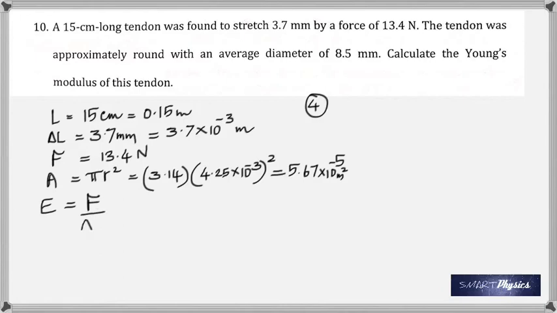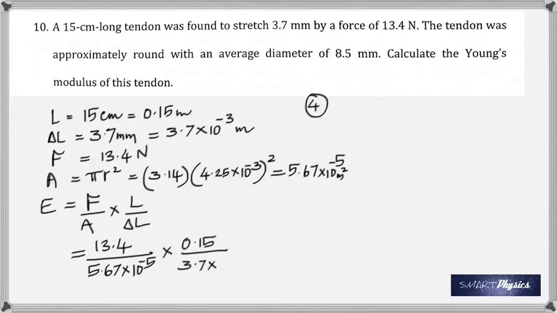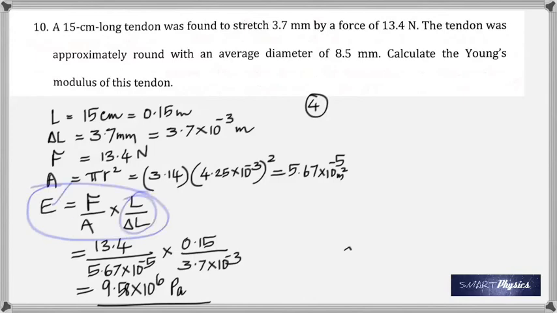And then the formula for Young's modulus: stress divided by strain. And all you have to do is substitute those numbers and calculate. When you do that, you get 9.58 times 10 to the 6 pascals.